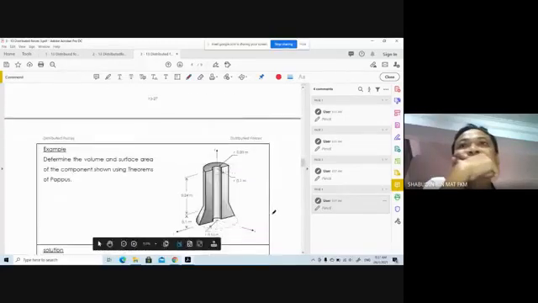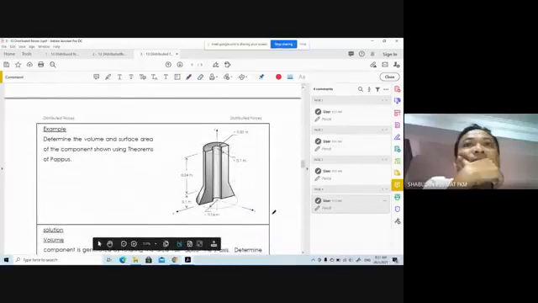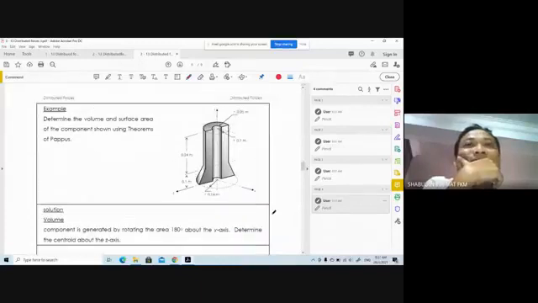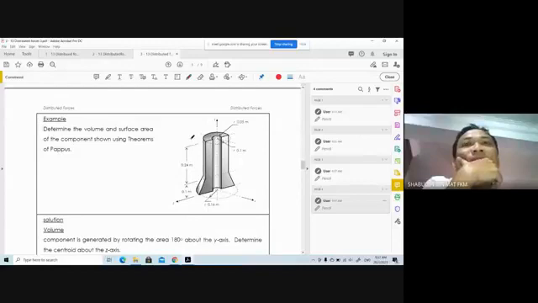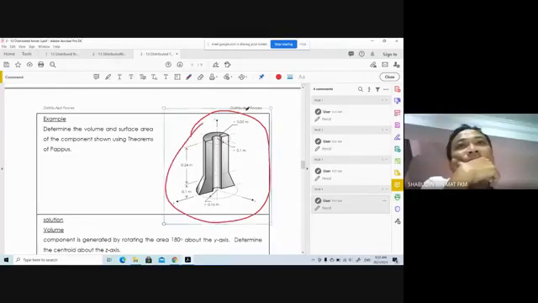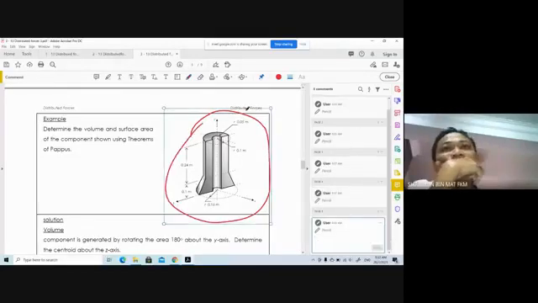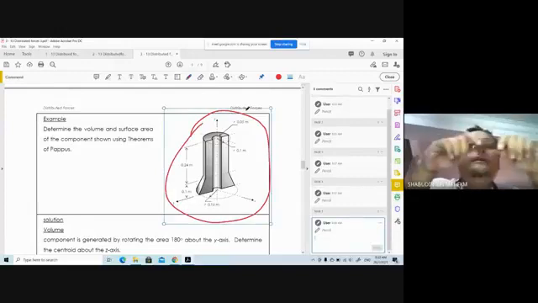You may need this. This is interesting. What happens if sometimes it happens like this? We need you to get the surface area of half an object.